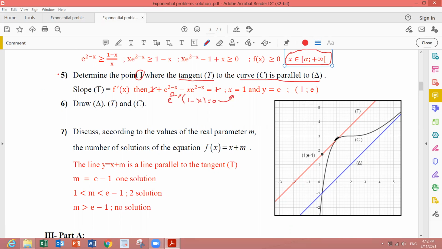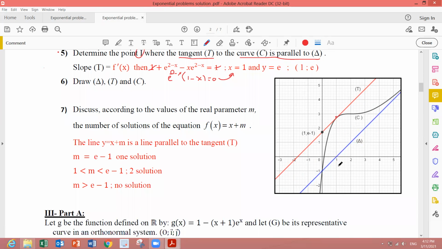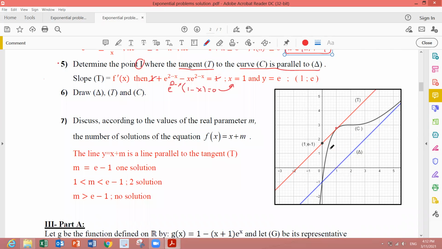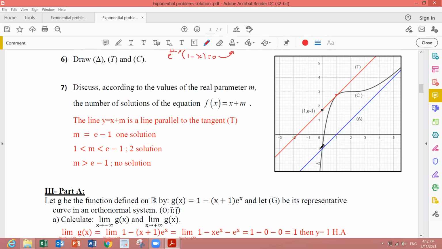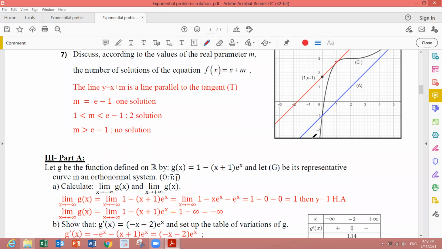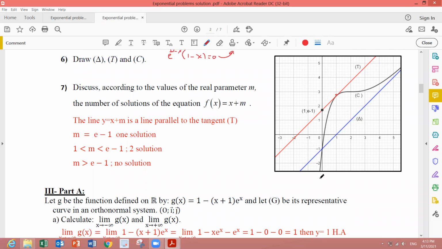This is A. And we draw the tangent which is parallel to delta. We can take some particular points. At x equal to 0, y is equal to minus 1. At x equal minus 1, we find the value of y. The function is increasing, makes a tangent at the point (1, e), then it goes near the oblique asymptote.